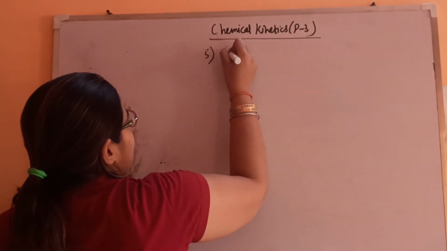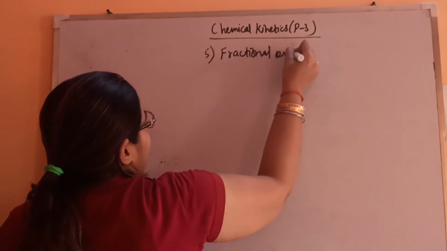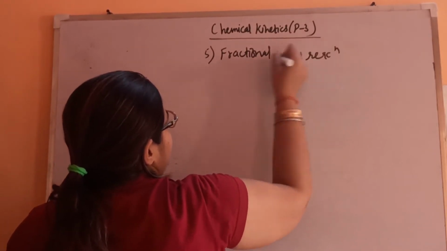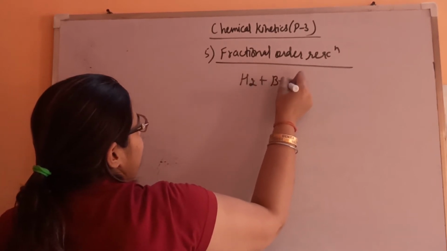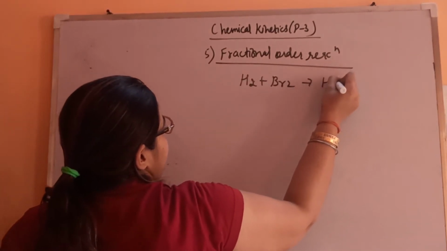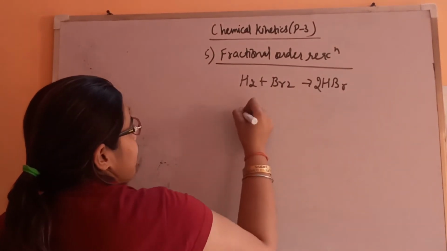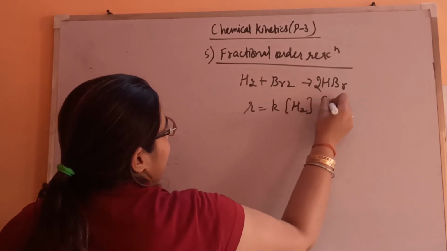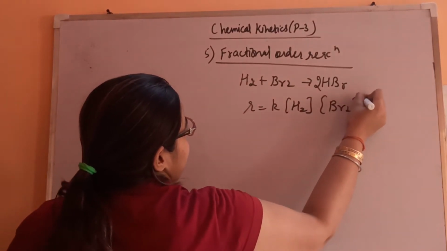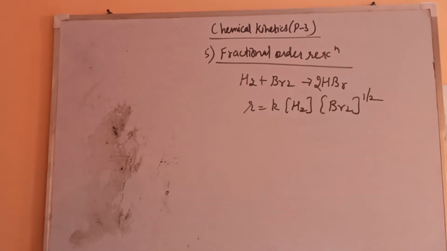Fifth one is the fractional order reaction. For example, formation of hydrogen bromide, HBr. So the rate is K with respect to H2 being 1, and with respect to bromine being 1/2.